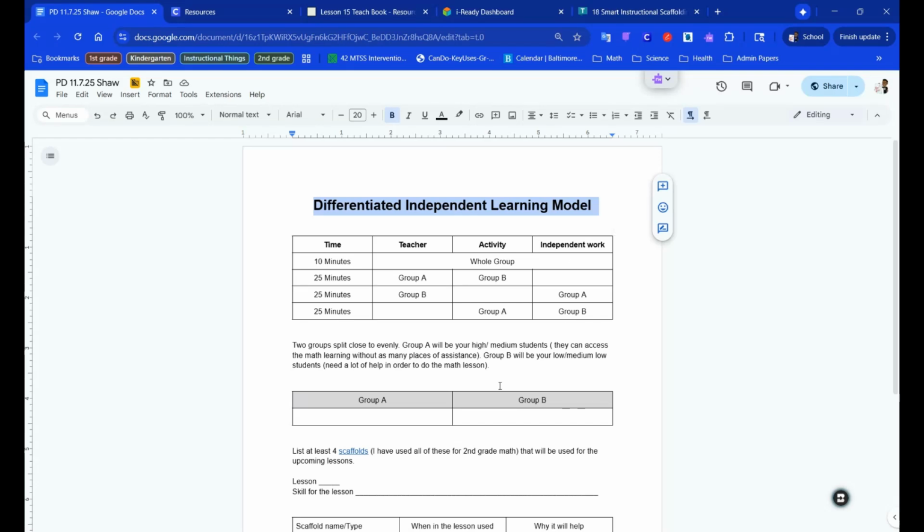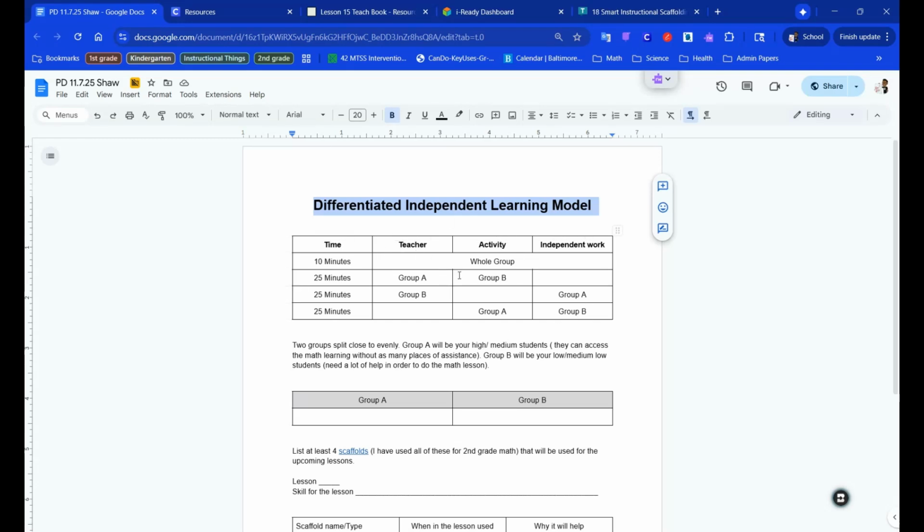I taught a lesson to half the group, and the other half was getting skills that they needed, maybe on iReady, or doing different activities that would help boost their learning, either for the lesson I was about to teach or for a space where they have a deficit.